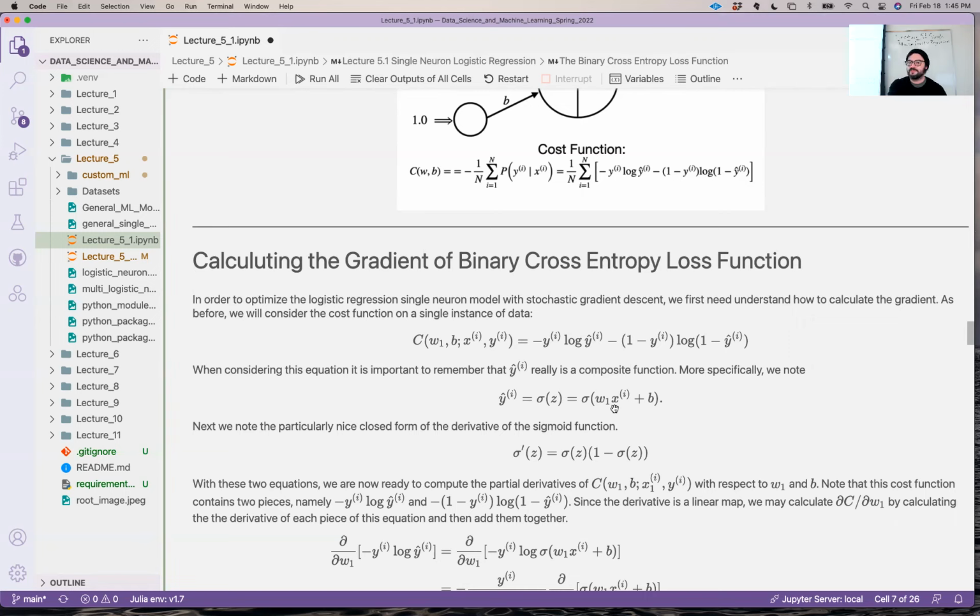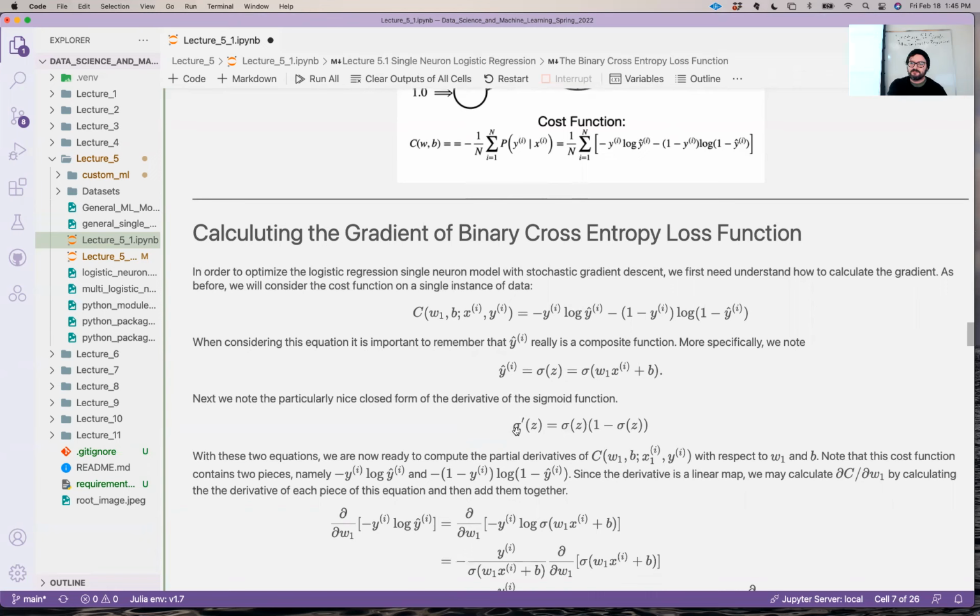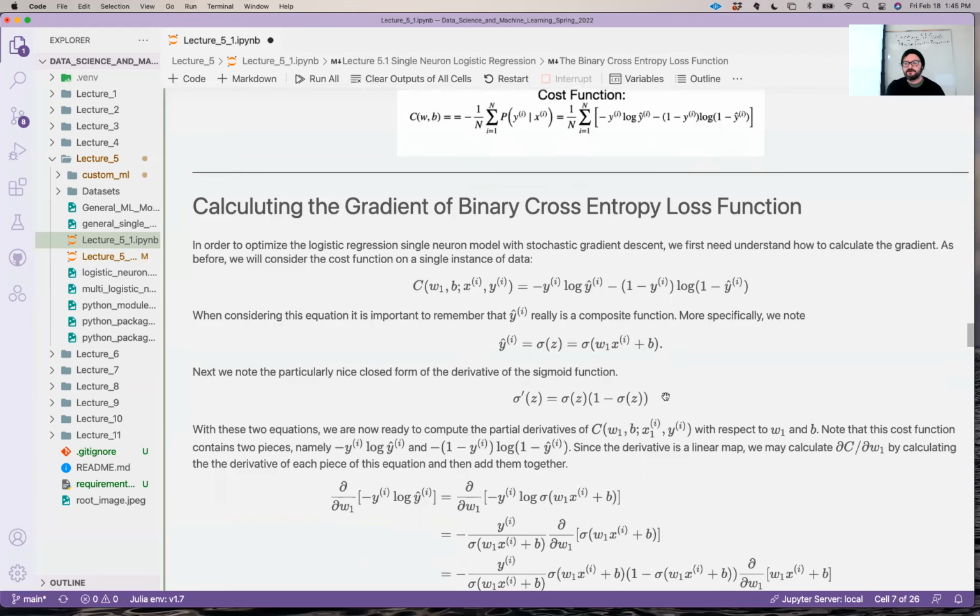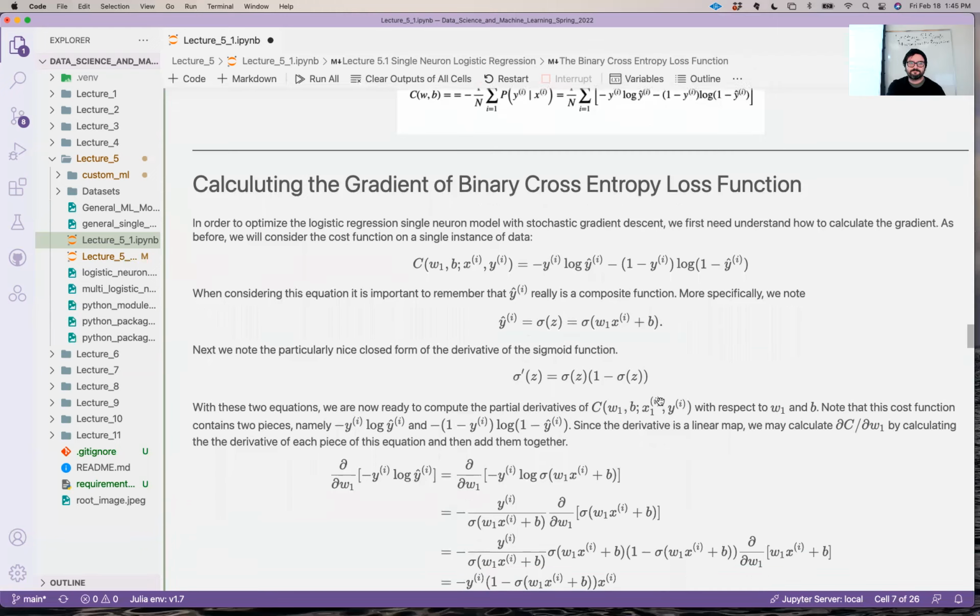So noting that, and because we're going to have to take derivatives, I'd like to just tell you that the derivative of the sigmoid function has a very nice closed form. The derivative of sigmoid is equal to sigmoid times 1 minus sigmoid. And it's actually not that bad to derive. I get my calculus 1 students to do that, so I encourage you to derive it just to verify for yourself.